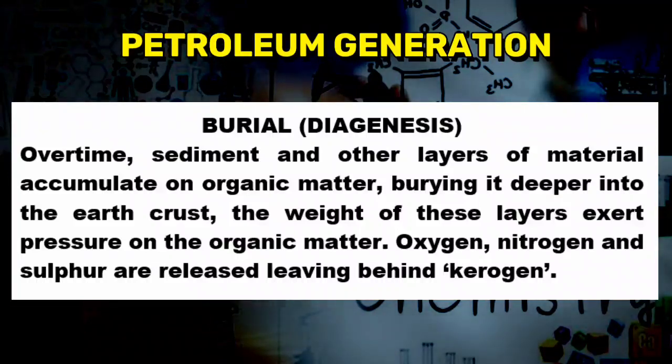During diagenesis, elements such as nitrogen, sulfur, and oxygen are removed from the organic matter, causing the sedimentary organic matter's hydrogen content to increase. Once these elements are removed, the hydrogen content increases.